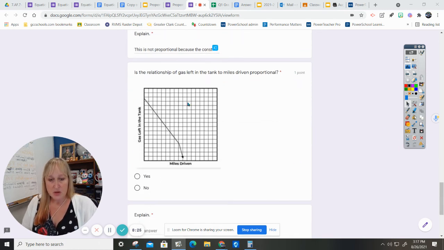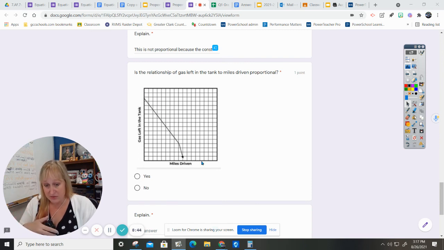Whew. Okay, is the relationship of gas left in the tank to miles driven proportional? Well, this does not start at 0. Remember, these are one of the cake problems. Is that at a 0? Nope. I understand that it can go to 0 and go down.